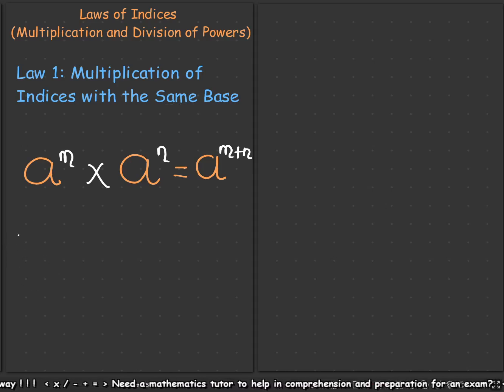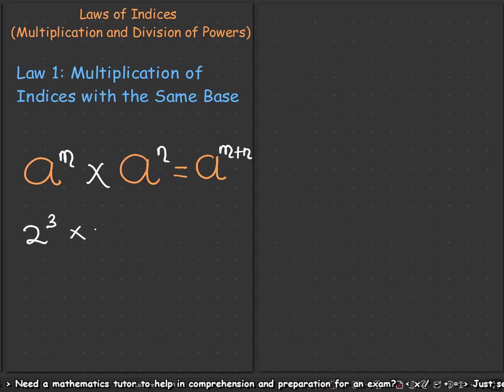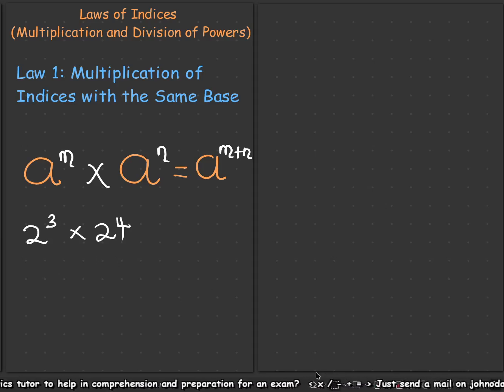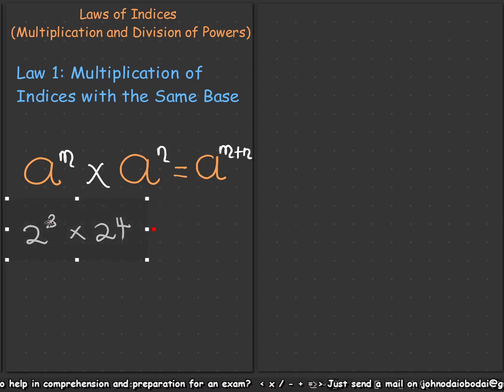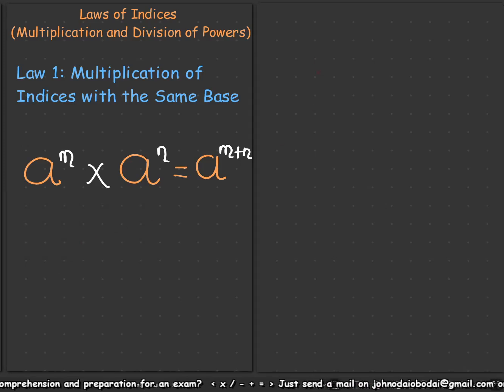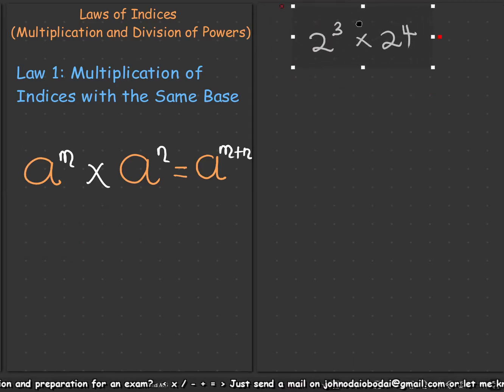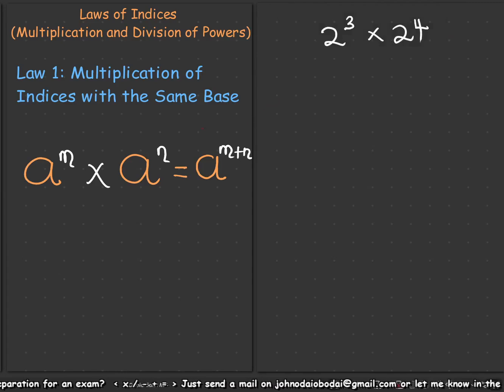Let's say you have 2 to the power 3 times 2 to the power 4. You don't necessarily have to evaluate 2 to the power 3 first. Rather, we can apply this law.